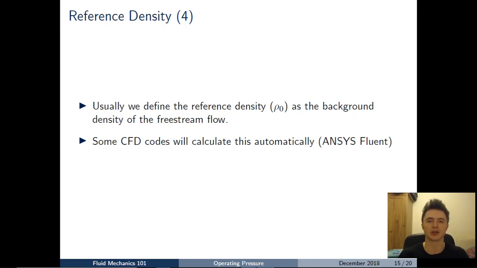But anecdotal evidence and experience of others in the field of CFD have shown that actually choosing the reference density should be done very carefully, and for this reason the reference density is often left as an option for the user, and we should think quite carefully about the choice of reference density we use. Usually the background density of the free stream flow is fine for most applications.